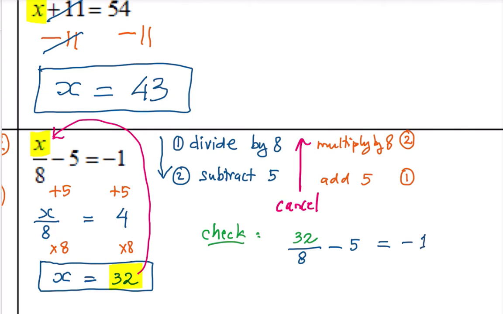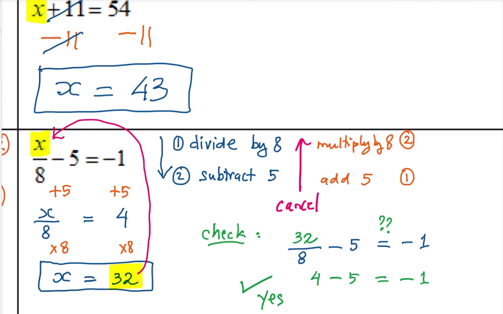And I'm asking myself, will that equal negative 1? 32 divided by 8 is 4, and 4 subtracted by 5 is negative 1, which we can easily see. So this is good. It means 32 is the correct answer.